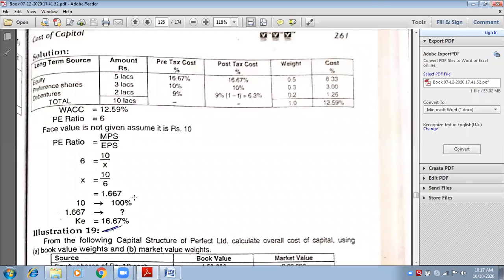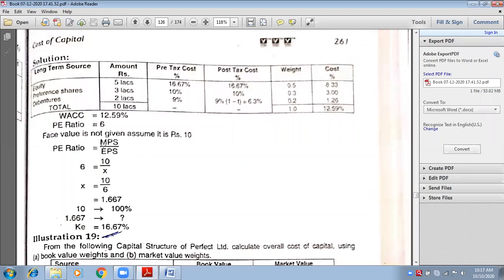Right? 1.667. Now I will tell you what we mean by 1.667. Earning per share is 1.667, and they tell you market price is 10 rupees. So what will be my KE? KE means cost of equity.